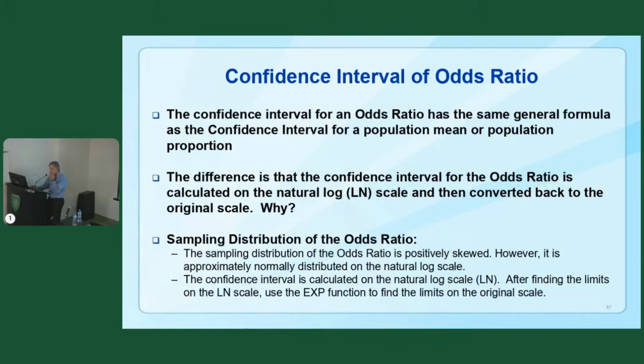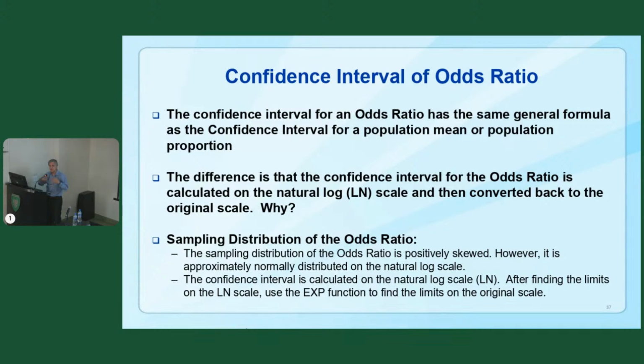Here, I'm going to show you, again, the same trick of the natural log, because they need to scale in a different way, because the original distribution of the so-called exposure odds ratio is skewed to the right. That's the frequency distribution of all possible exposure odds ratios.